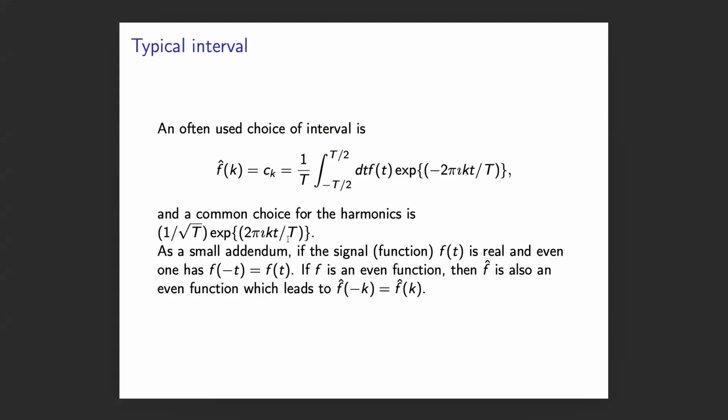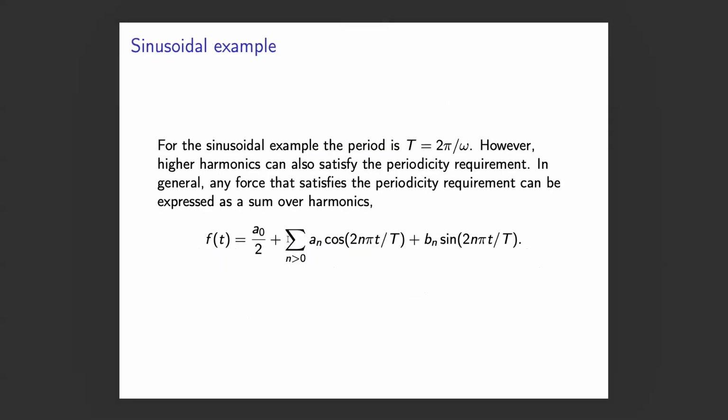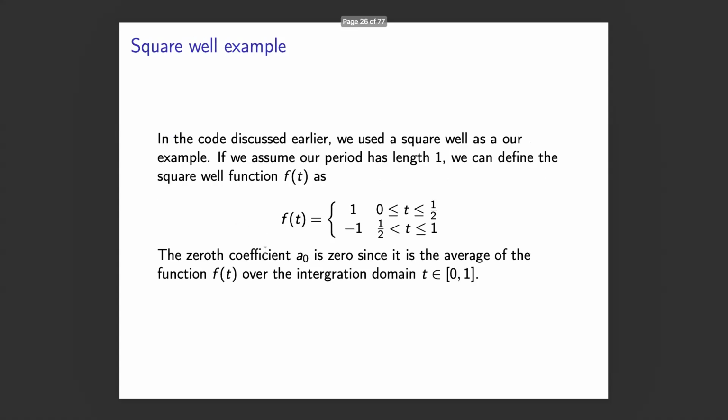These are just some small trivialities. For the example I showed you, where the period is 2 pi divided by omega, where omega is the frequency, you can also rewrite everything as a sum of these so-called harmonics in terms of cosines and sines. And then the whole quest is to set up the recipe for finding these a's.